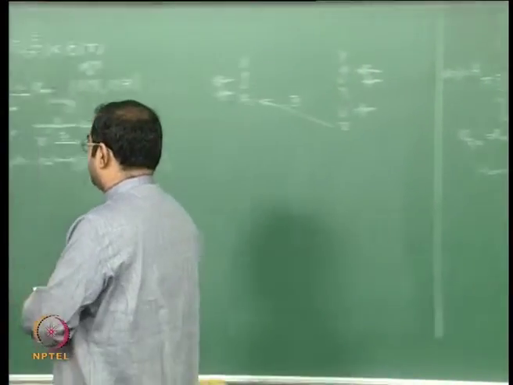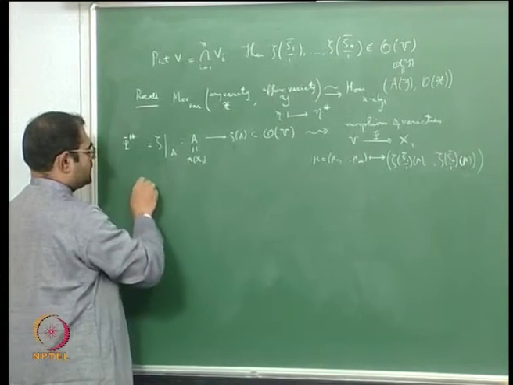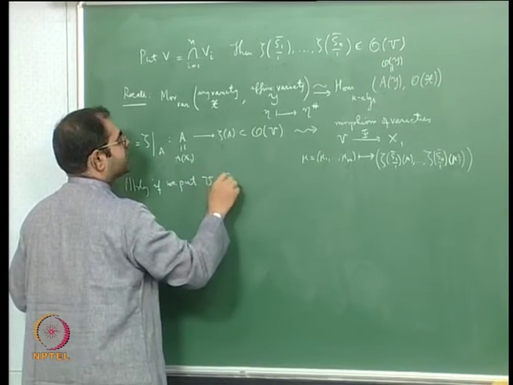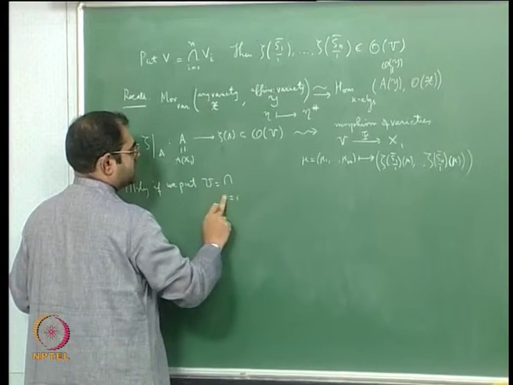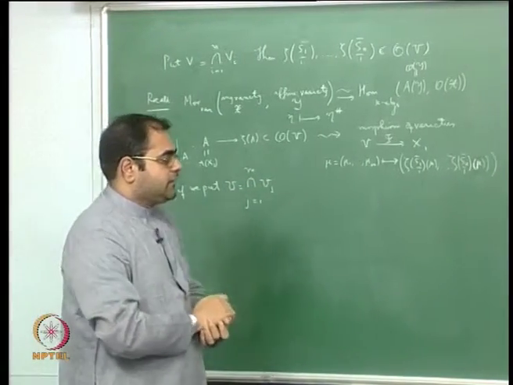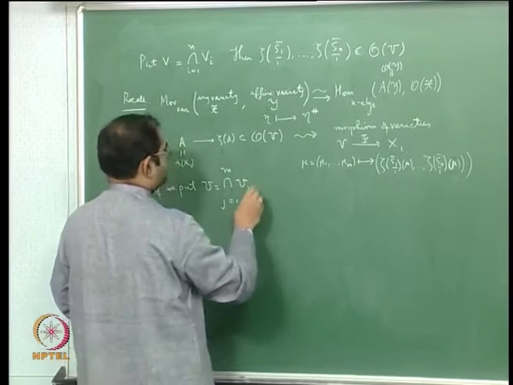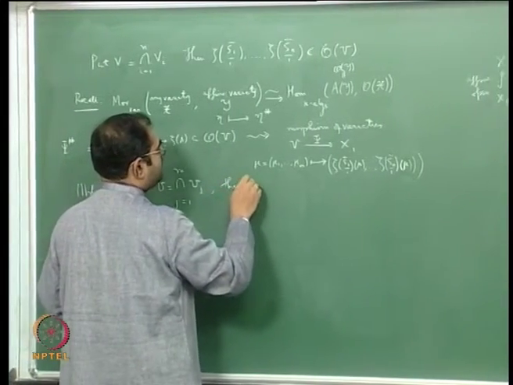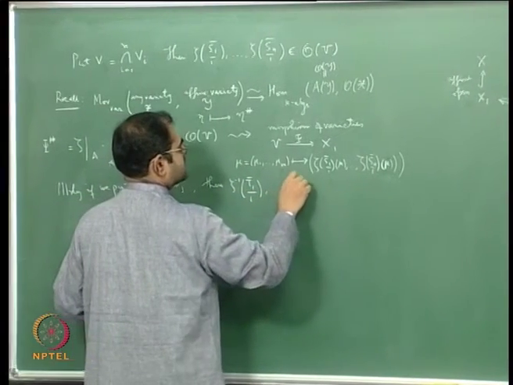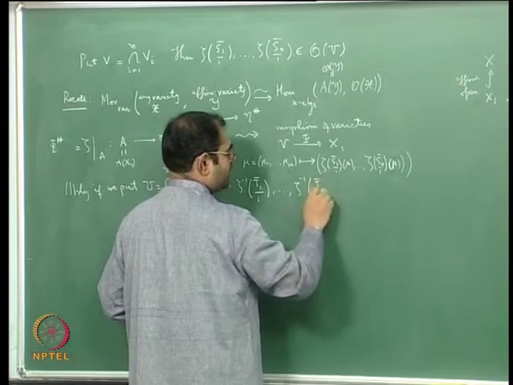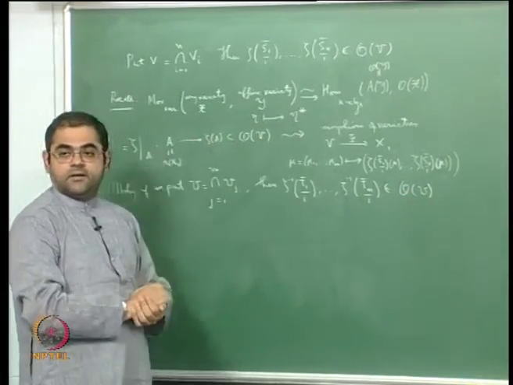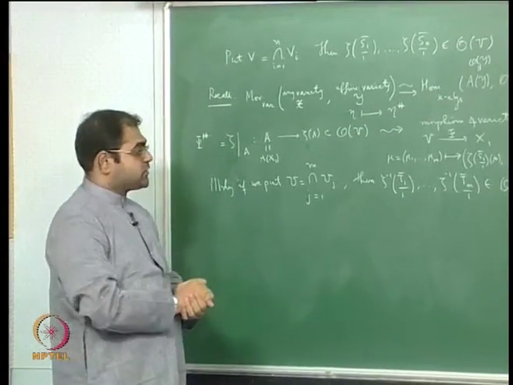So similarly, if we put U equal to the intersection over i equal to 1 to n, j equal to 1 to m of Uj, then zeta inverse of t1 bar by 1 etc. up to zeta inverse of tm bar by 1 are all going to be in OU, where U is an open subset of X1.